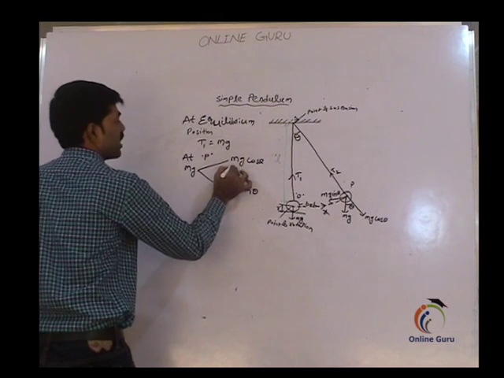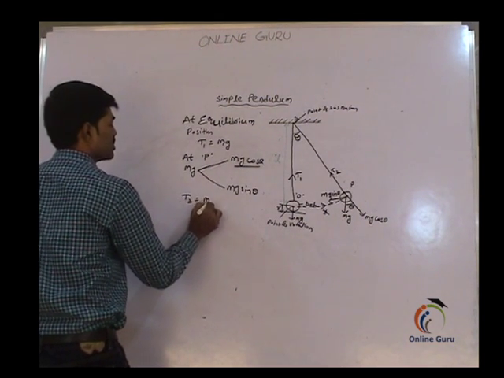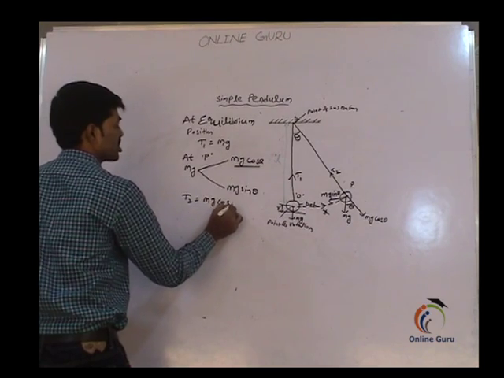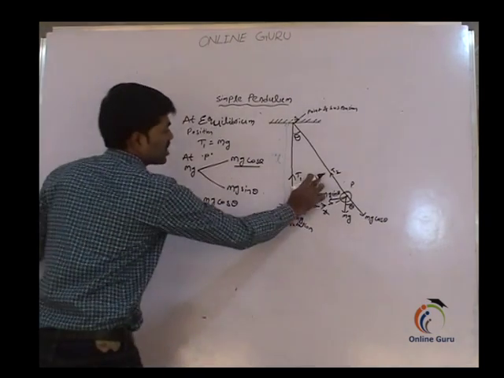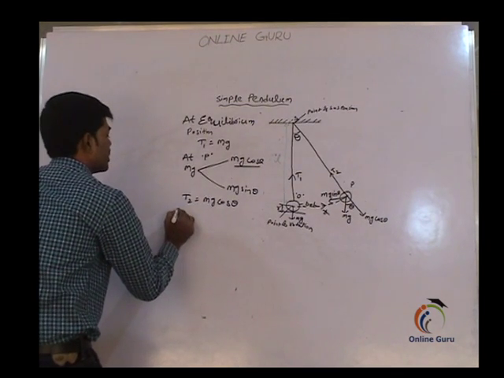The mg cos theta is balanced by T2, that is, the tension in the string is balanced by mg cos theta.